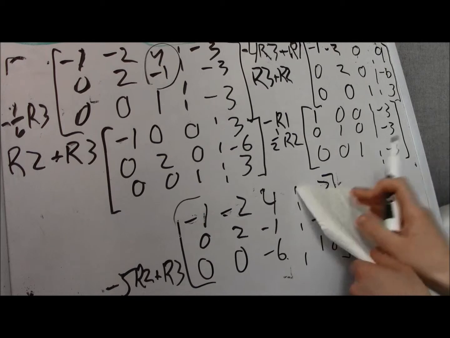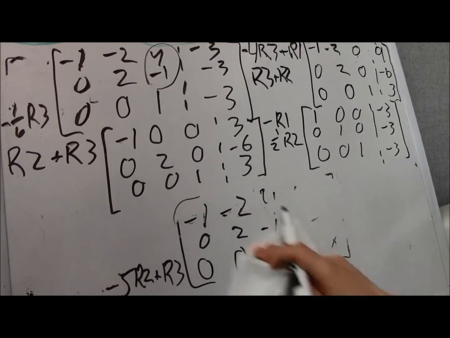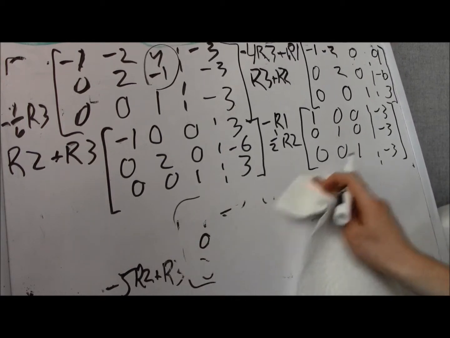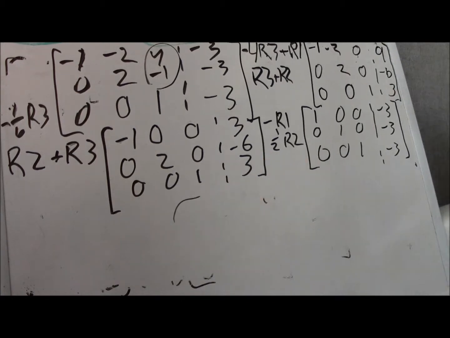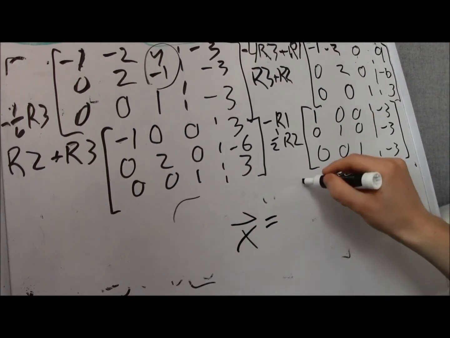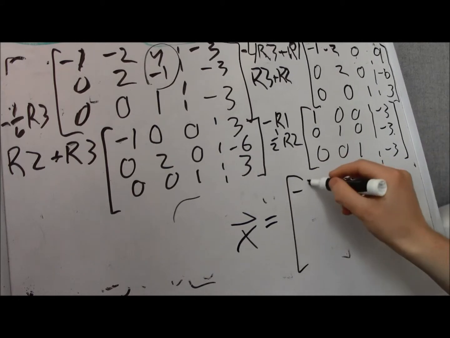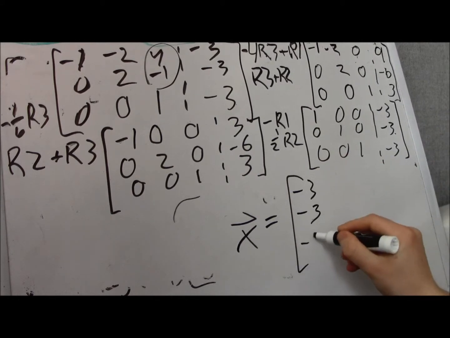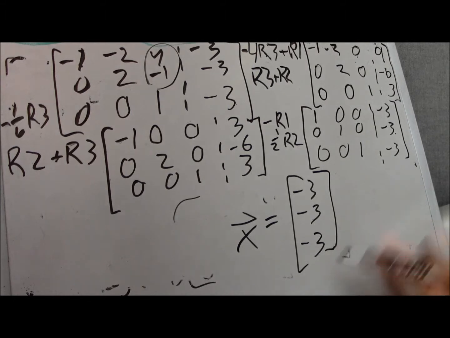So now we have our answer on the right-hand side. And our answer is the x vector equals -3, -3, -3. And you're done.